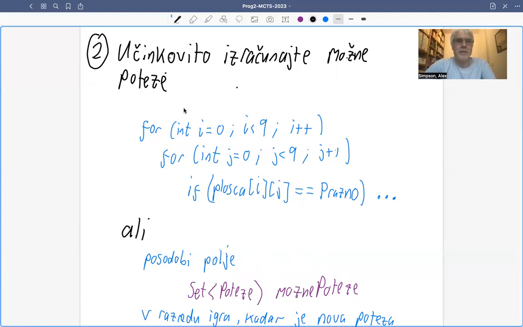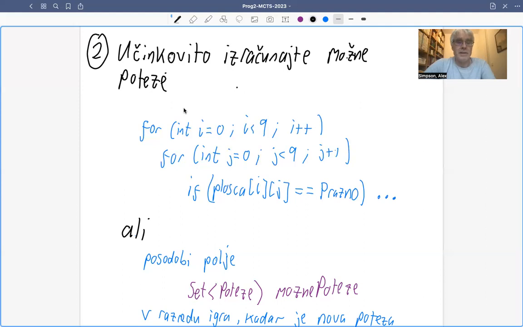But each time you're searching from the current game position in the tree to all the possible children nodes corresponding to the moves you can make, you need to compute the possible moves from the current position.